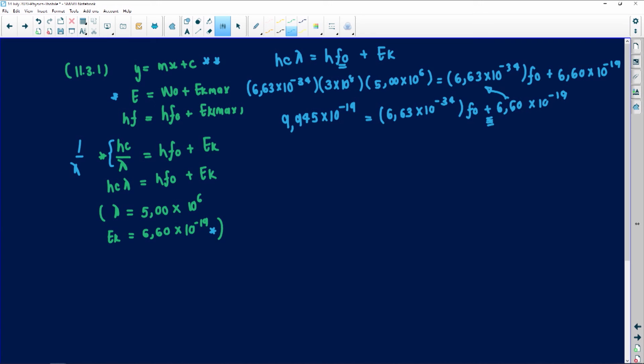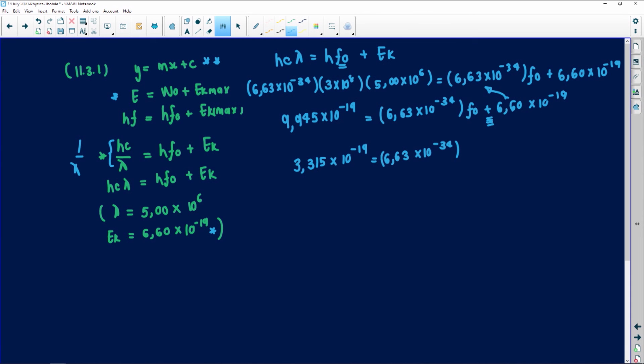I'm going to have 9.945 times 10 to the negative 19 in brackets minus 6.60 times 10 to the negative 19. If you put this in your calculator, you should get 3.315 times 10 to the negative 19. And then you still have the 6.63 times 10 to the negative 34.